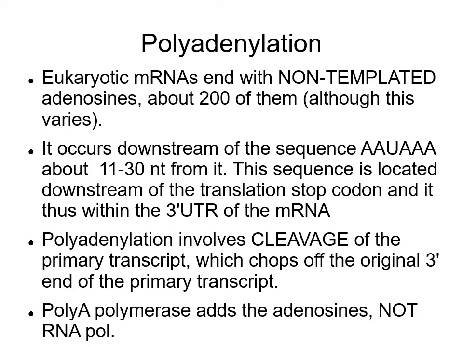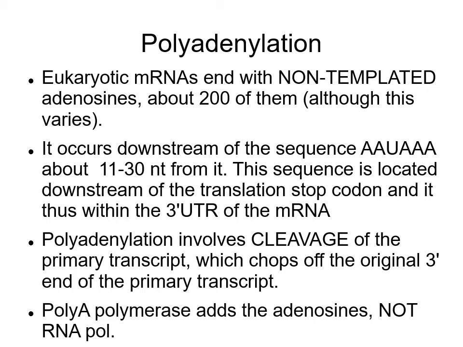Okay, polyadenylation is next. That's the opposite end of the pre-mRNA. And it's important to realize that it's a bunch of A's. Well, they're nucleotides. We call them A's, but they're, of course, made from nucleotide triphosphates. But the important thing is they're non-templated. They're not copied from the DNA, versus the rest of the pre-mRNA, which was copied from the DNA in a base pairing-like way.